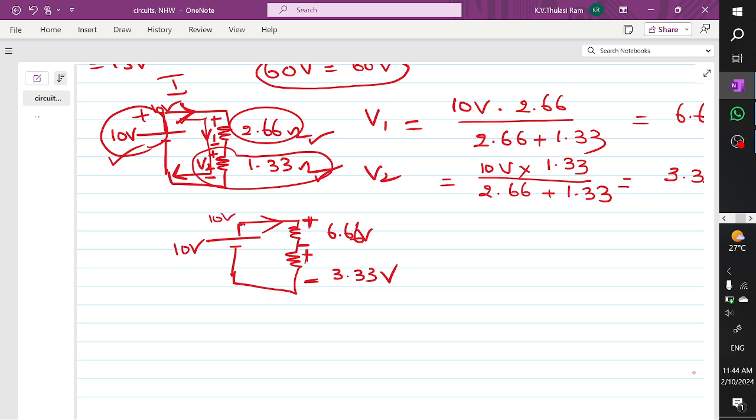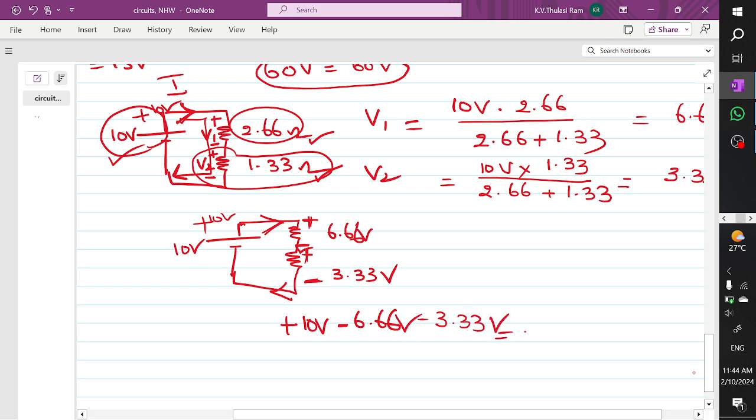10 volts. So current is leaving. What is the leaving polarity of the voltage? So plus 10 volts, and current is leaving. What is the leaving polarity? Minus 6.66, and once again the current is leaving. What is the leaving polarity? Minus 3.33 volts, equal to 0. You transfer these negative polarities to the right hand side.